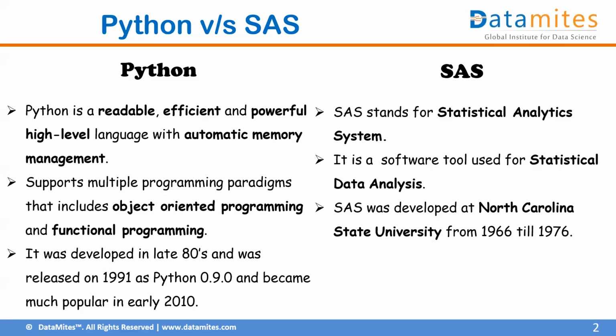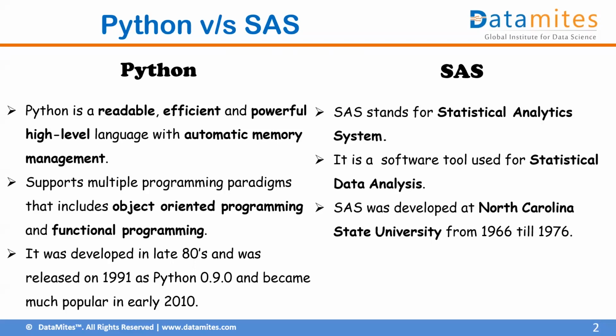Whereas SAS stands for Statistical Analytic System. SAS is a software tool that is more oriented towards statistical data analysis. This software is actually built for the sake of statistical data analysis.